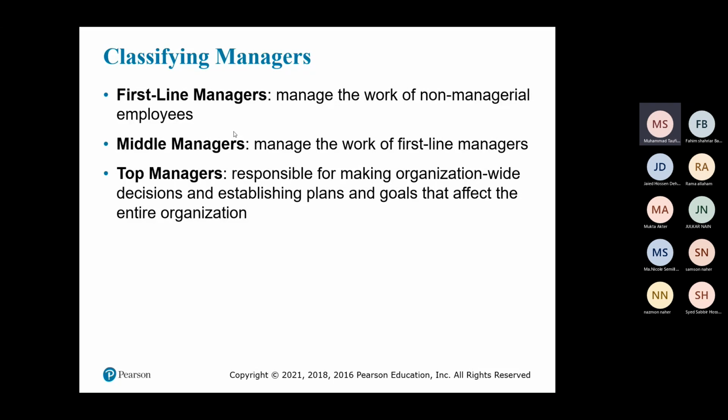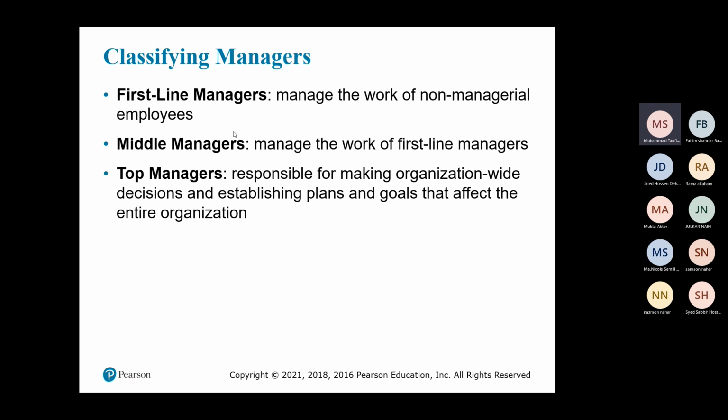You have to set the direction of the company, what goals the company must achieve for those years. That is the function of top management. They are the decision maker, and they are also the planner. They make decisions for the company, and they also make plans for the company.